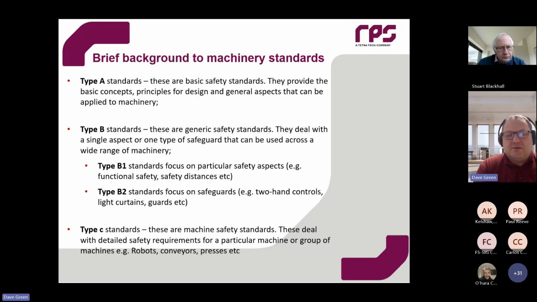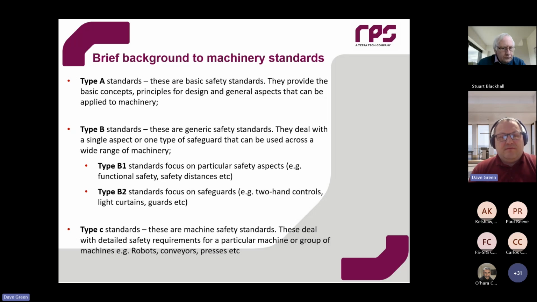So the two standards we're going to talk about today, ISO 13849-1 and IEC 62061, are both Type B1 standards, as they focus on a particular safety aspect, and there's mention there of functional safety. There's also things like safety distances, etc. And then there's Type B2 standards that focus on specific safeguards, things like two-hand controls, light curtains, guards, and pressure pads, etc. Then there are Type C standards, and they are specifically written for the machine.